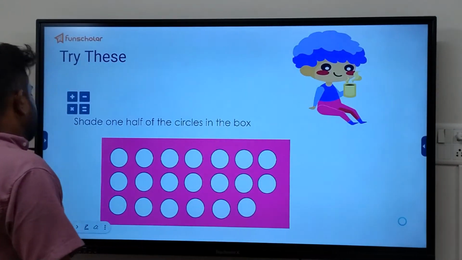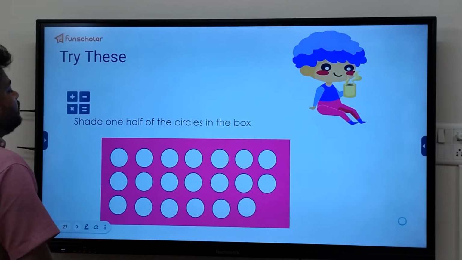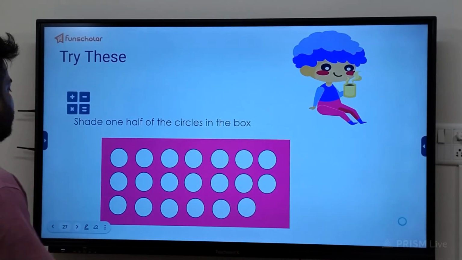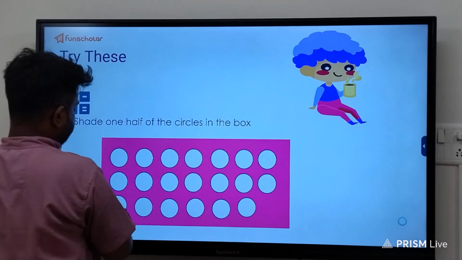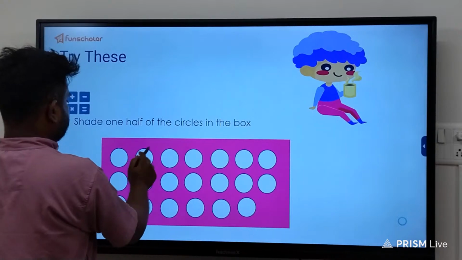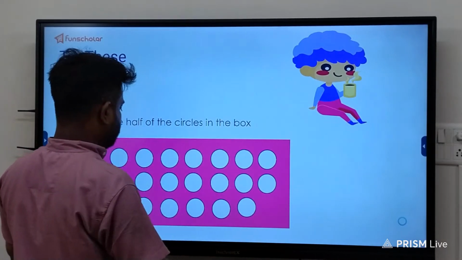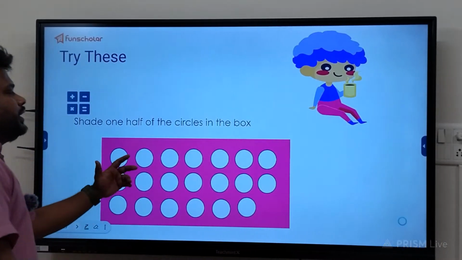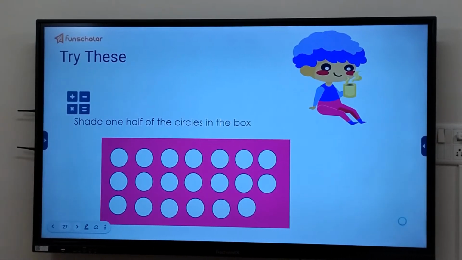Okay, shade 1/2 of the circles in the box. We have already shaded 1, 2, 3, 4, 5, 6, 7. We have a total of 20 circles, and 1/2 of the circles will be what? Try to think.